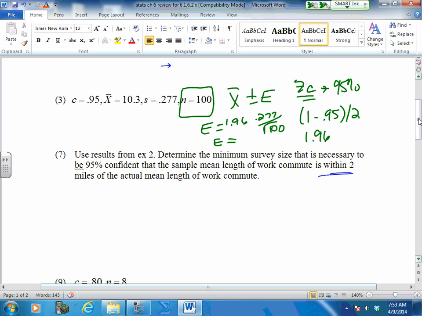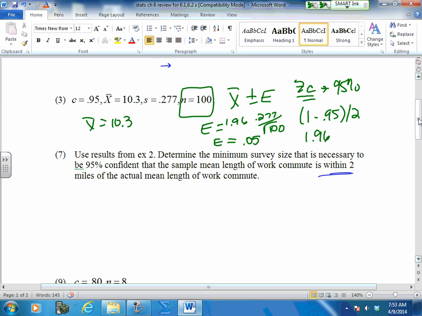So build your margin of error, and I'm absolutely fine with you doing this on the calculator. So your margin of error turned out to be what? 0.05. And you want to build your mean now. Now here's the difference.